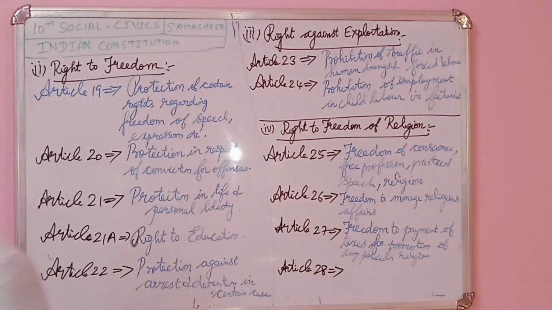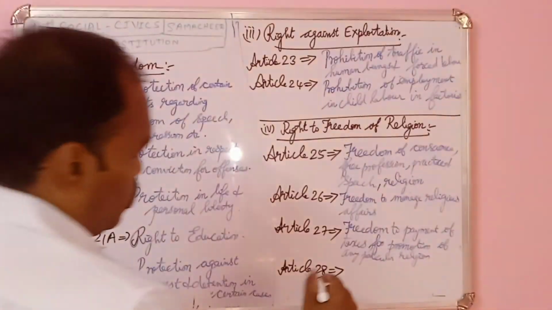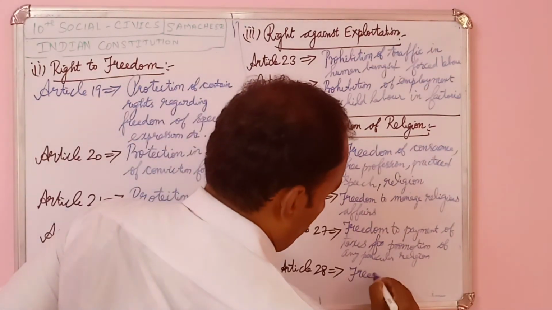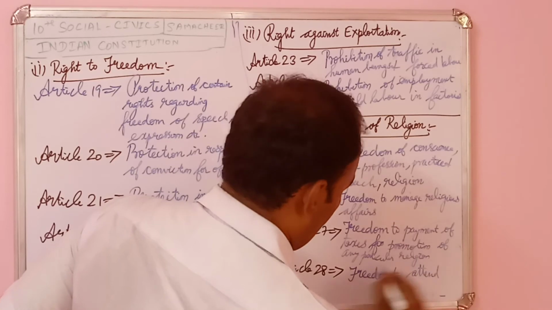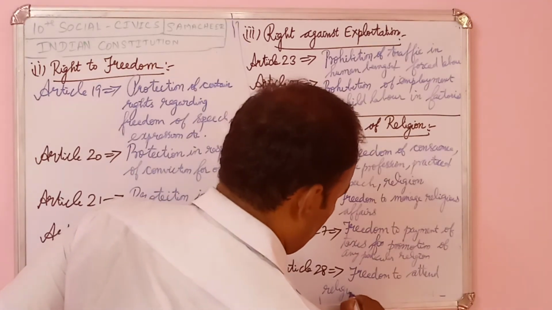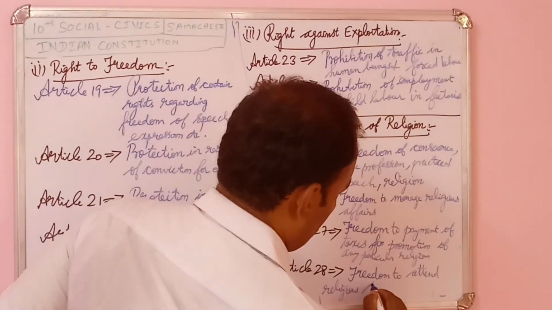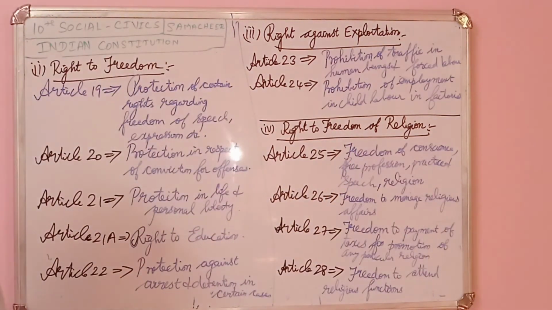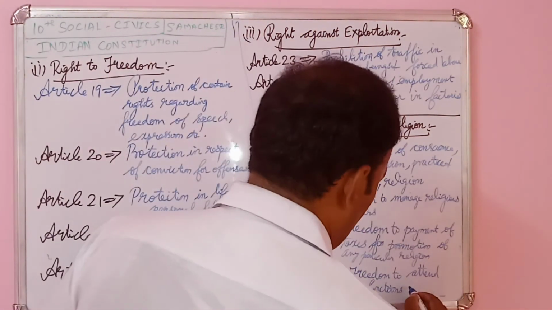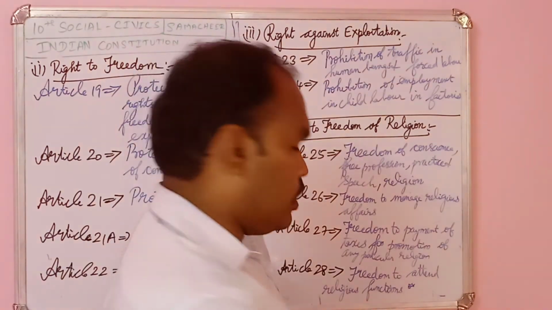The next one is Article 28. Article 28 is freedom to attend religious instructions and religious functions, and mainly certain worship in educational institutions.